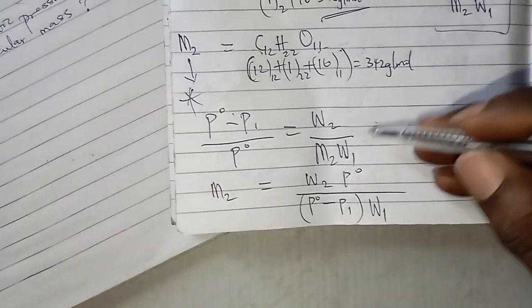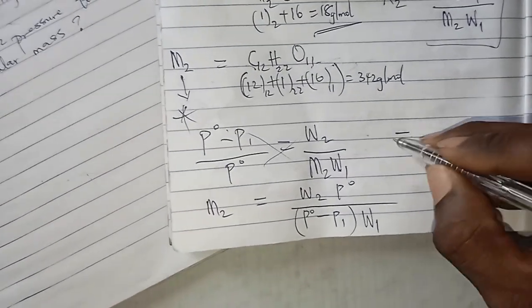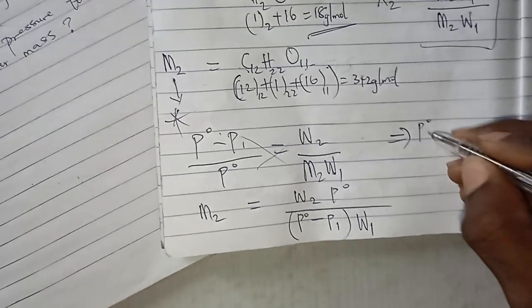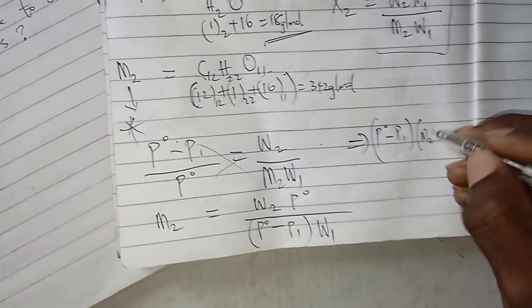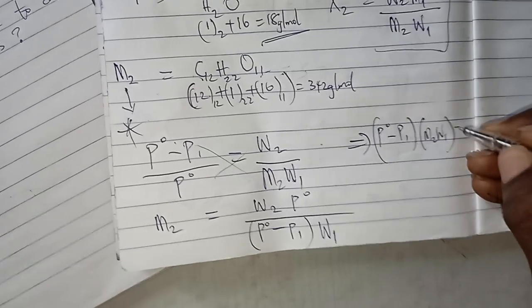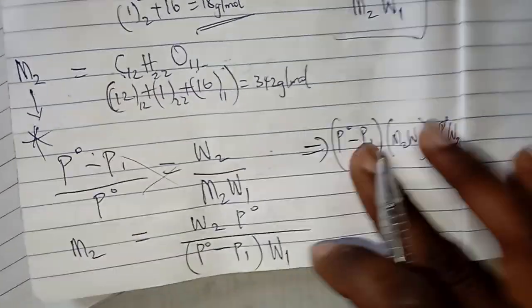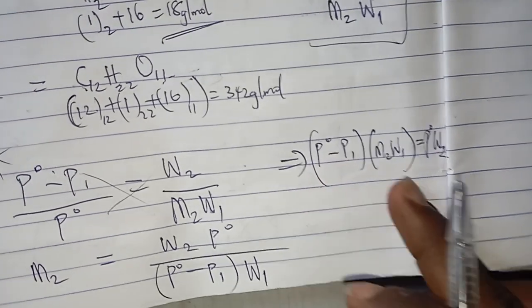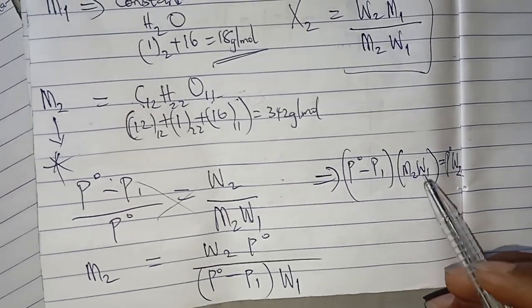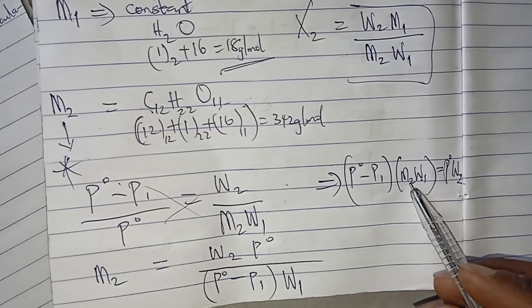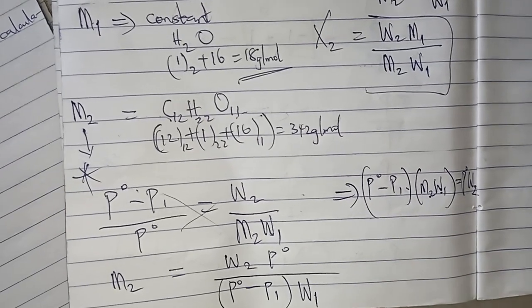Hope you understand it, because I did cross multiply. When you cross multiply, you should have, first of all, P naught minus P1 times M2 W1 equals P naught W2. So divide both sides by the coefficient of M2, so that you get both of them multiplying, then dividing.